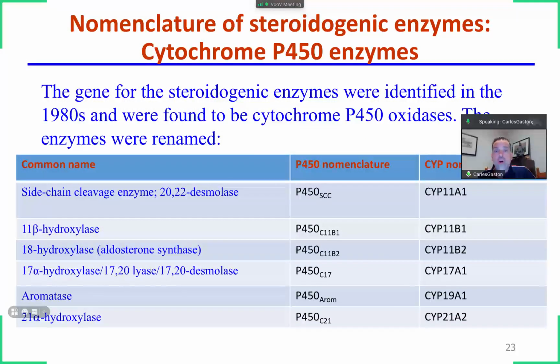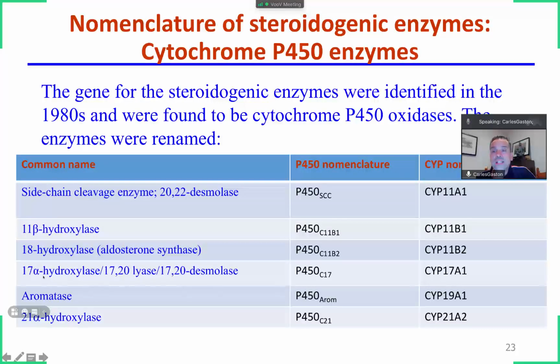So this is the identification of cytochrome enzymes. There are several P450 cytochrome oxidases that are found in the different areas of the adrenal gland, in the cortex.